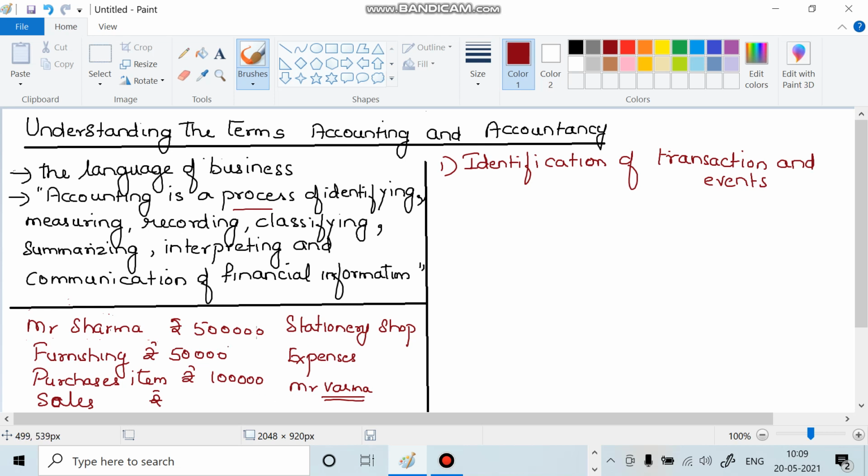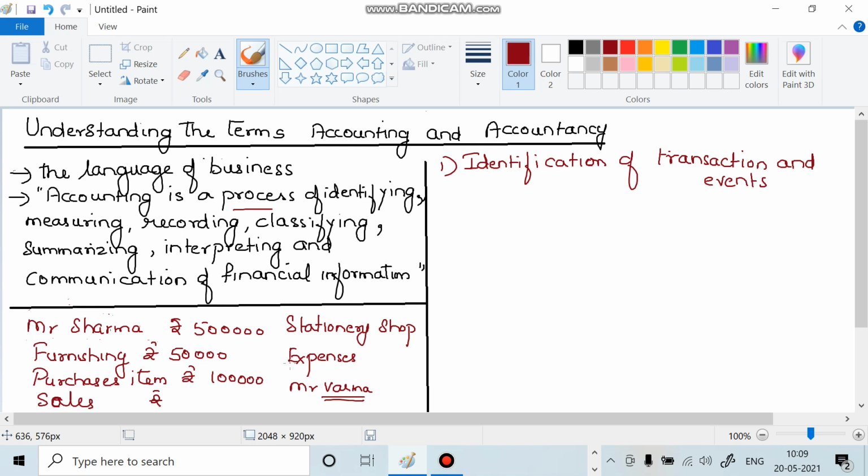Now out of these transactions that I have highlighted, these activities that have taken place in the business, we need to identify the transactions which have a financial character. Those transactions which have a money value, which can be measured in terms of money, which would have a financial impact. Those transactions are going to be identified.